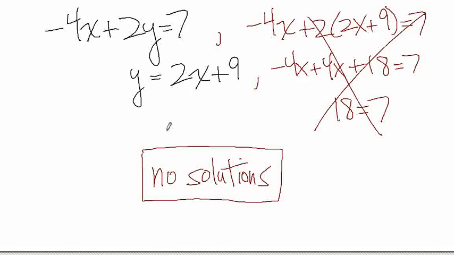So that corresponds to this system, and that's why there are no solutions. I showed you those two examples because I wanted you to be aware that you're not always going to have a situation where you have a single point for the answer.